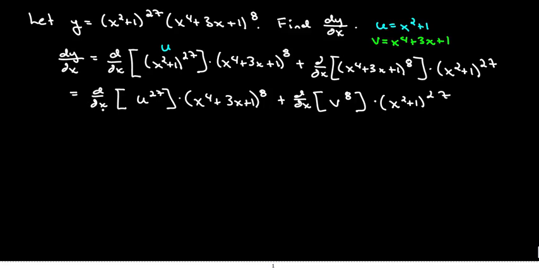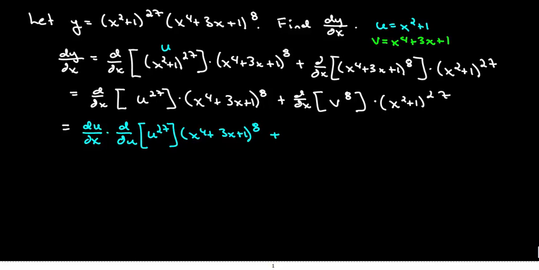So I'm going to say that this guy right here, I'll do it in blue, is going to be equal to du dx times d du of u to the 27th times x to the 4th plus 3x plus 1 to the 8th.